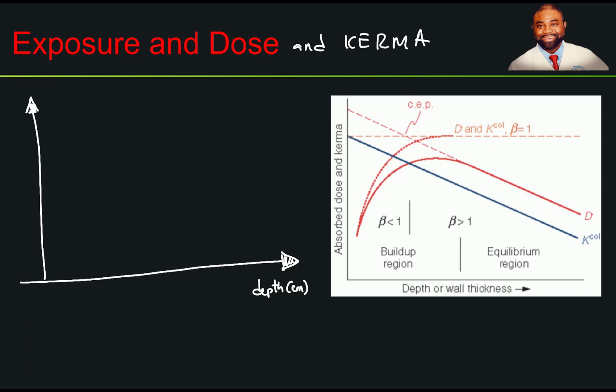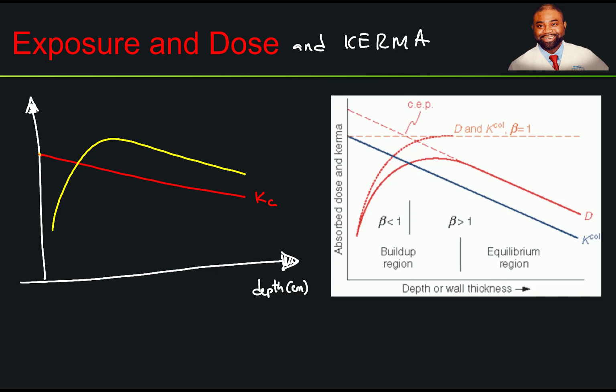If we draw the graph of collision KERMA, it is a straight line that is decreasing. But if we draw the graph of absorbed dose, it has a build-up region and then it decreases.